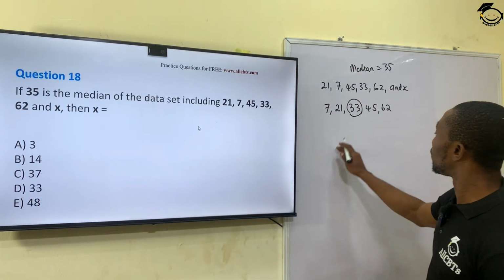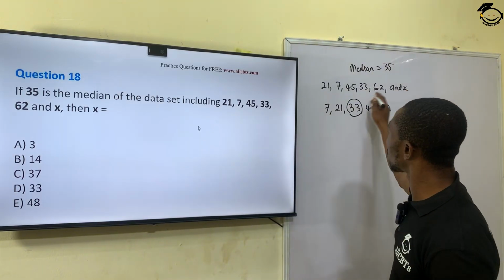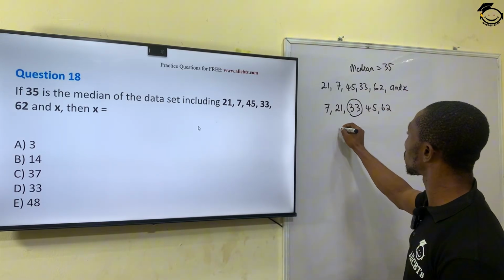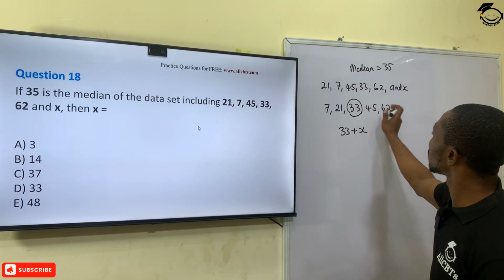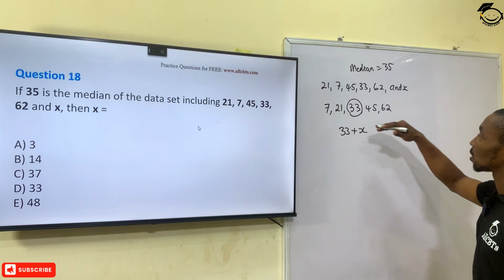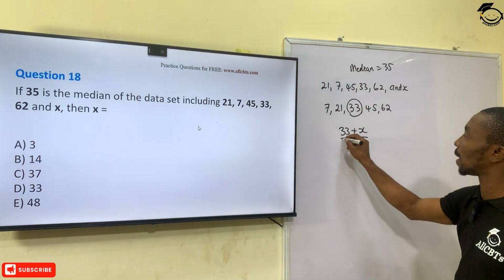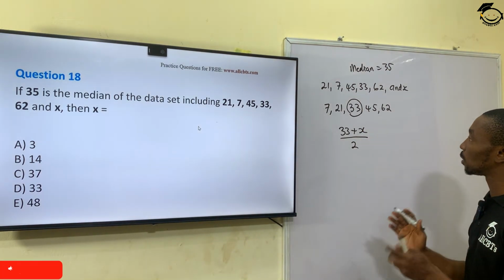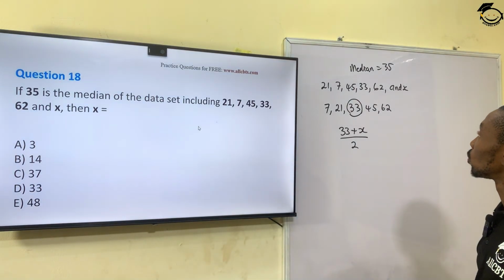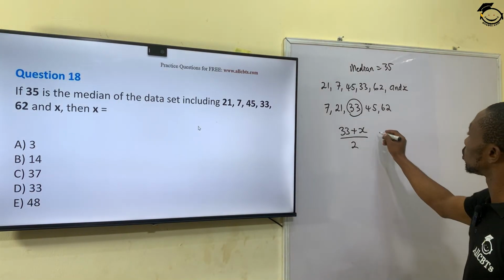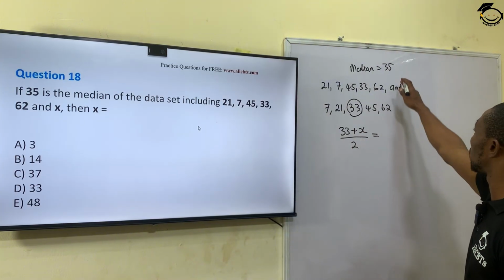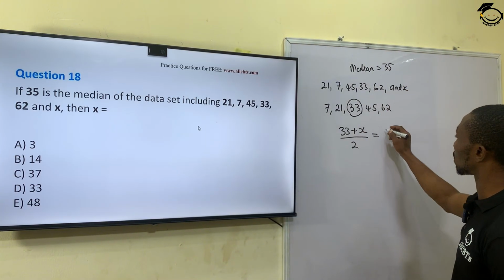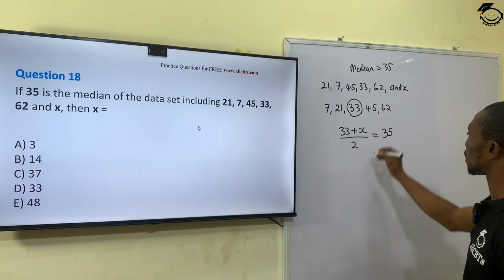All right, now from here, including x, to find the value of x, this becomes 33 plus x. Now, since these numbers are 6, which is an even number, we have to divide our two middle numbers by 2 to get our median. So this gives us 33 plus x over 2, and since they say that median is 35, this would be 35.